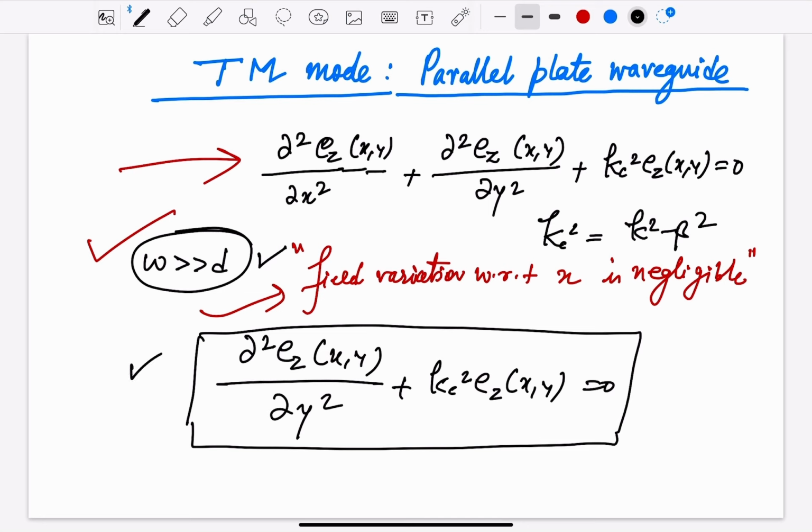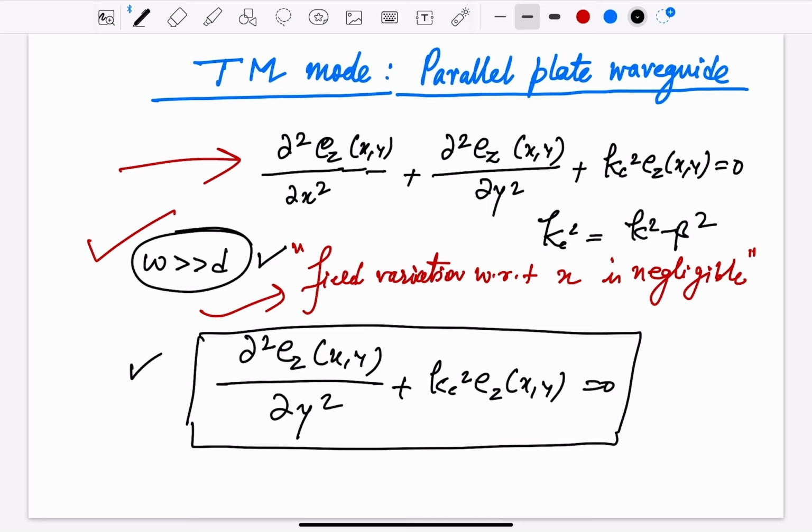As we are aware, this parallel plate waveguide is made of PEC, perfect electric conductor, so particularly we can see the bottom plate and the top plate. How can we write these components?